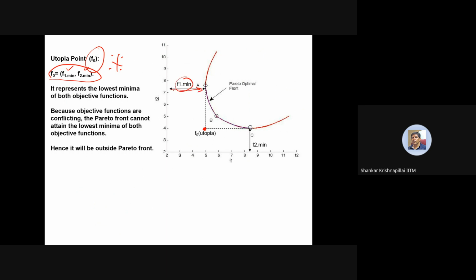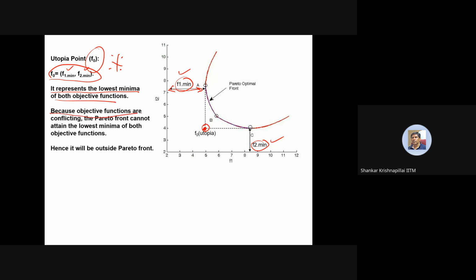That is, if you minimize F1 alone, and if you minimize F2 alone, those results are obtained at the utopia point. So at the utopia point, you simultaneously get F1 minimum and F2 minimum. It represents the lowest simultaneous minima of both objective functions.